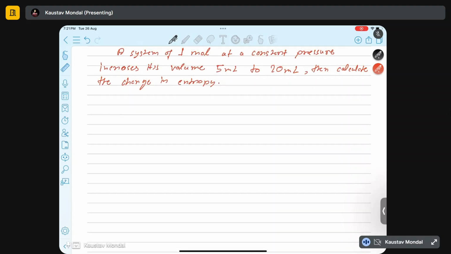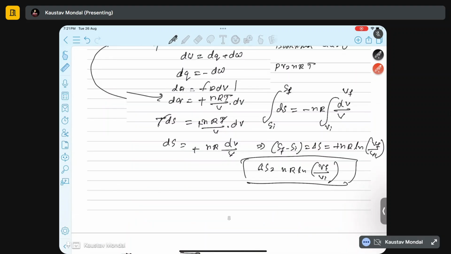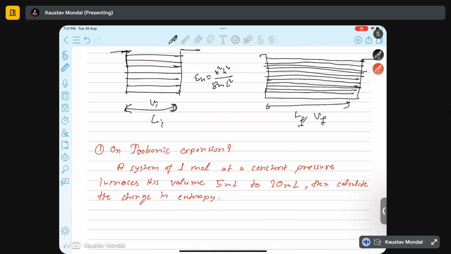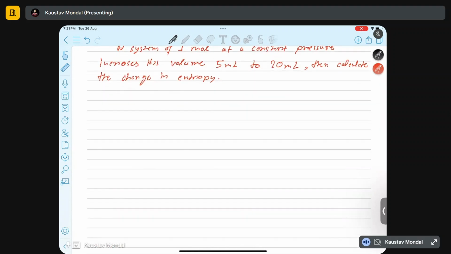constant pressure, right? So we can write this change in entropy, but the volume is changing, and we have to write the expression of the change in entropy in terms of volume. So N is 1 mole here, P is constant, V initial is 5 liter and V final is 20 liter.